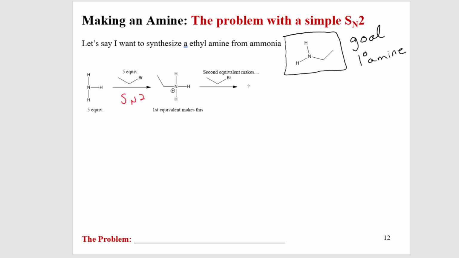And so we find that the nitrogen will undergo this SN2 with a primary ethyl bromide, and you'll get to your first equivalent of the ethyl ammonium species. Okay, and what they did is then they would add things like sodium bicarbonate or potassium carbonate.